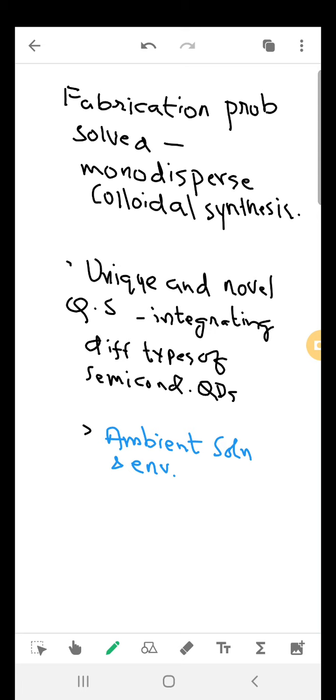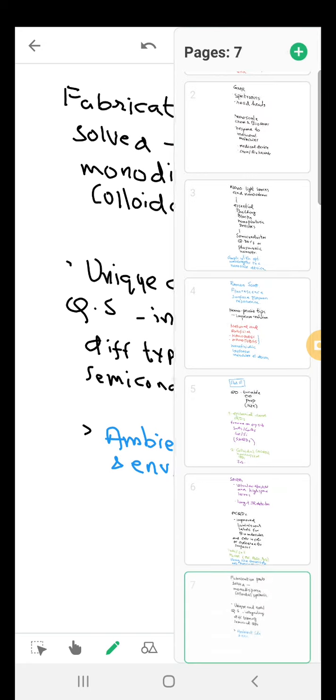Okay. Now, the next topic that we would like to focus on is the plasmonic nanostructures.